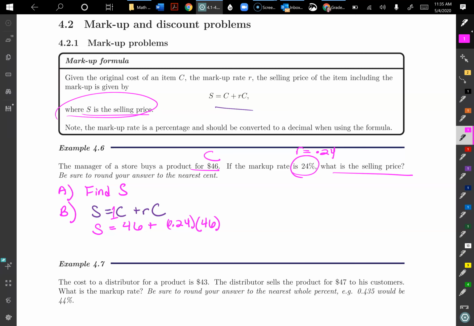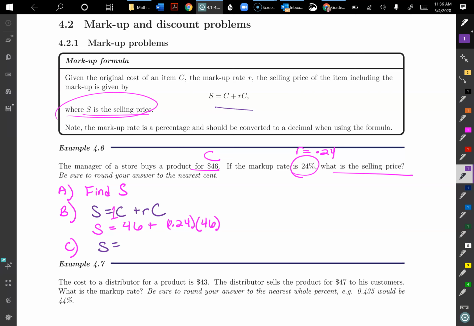So 100% plus 24% more would be 1.24 times C. So sometimes problems are done that way too. If you want to vary that a little bit, that's okay, as long as you track what you're doing and you're real clear. But this book does it a little differently, so we're going to follow the book.